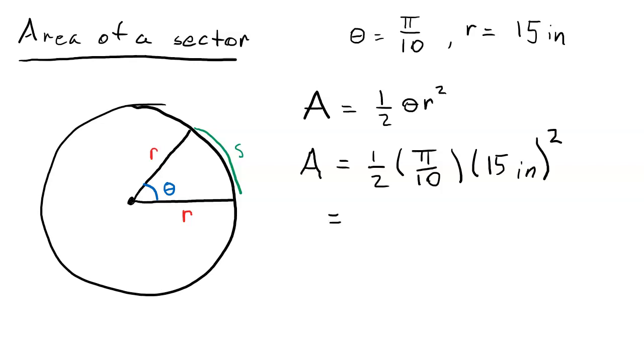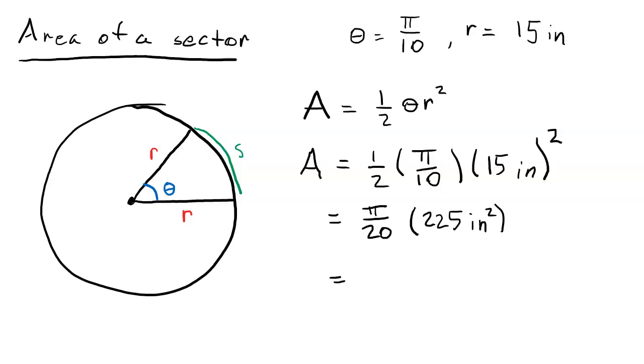So this is going to be equal to pi over 20. I just multiplied the 2 and 10 together, and then I'm squaring the 15. So that's going to be 225 inches squared. 20 is 4 times 5. We can divide 225 by 5 and get 45.